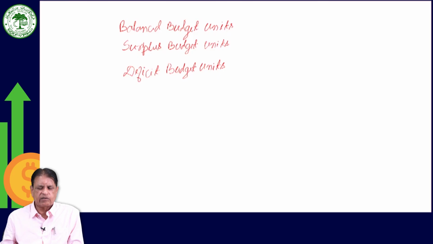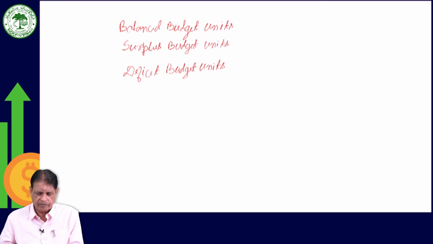If you forget about the balanced budget units, because their budget is balanced, they are not in a position to spare any fund and they also do not require any fund. The problem is with the surplus budget units and deficit budget units. The surplus budget units have some surplus which they can spare, and deficit budget units are the units which require additional funds.